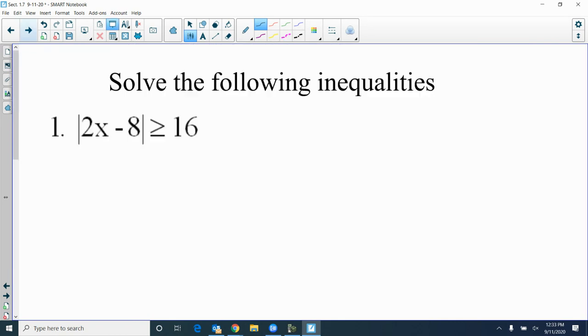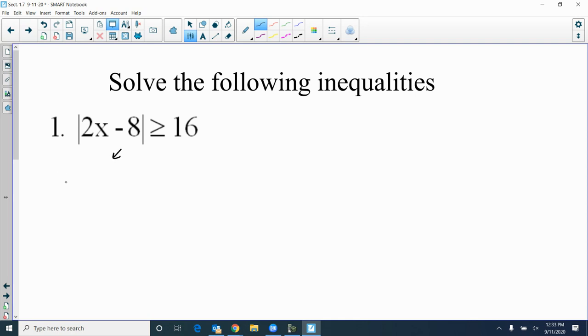All right, let's take a look at that problem there. The absolute value of 2x minus 8 is greater than or equal to 16. Now, look at what we just wrote down. I always like to start with the negative first.